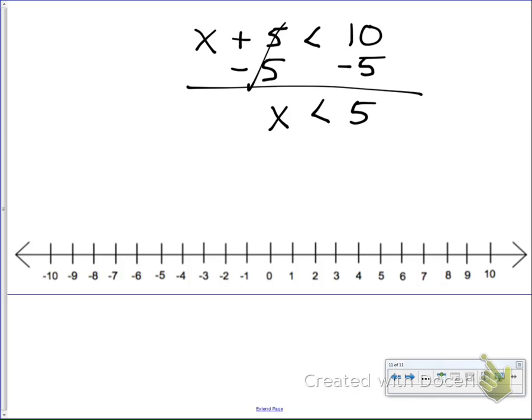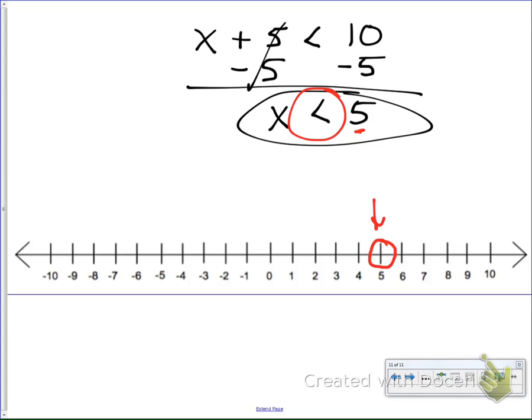Okay. Once I get to this point right here, now I'm ready to put it on a number line. So one of the first things you have to look at with your number line is what's happening right here with my inequality. That's going to tell me I start at 5, so I know I'm going to be looking right here. Since this is just a less than, and 5 is not included in that answer, when I put it on the number line, I'm going to mark it with an open circle.